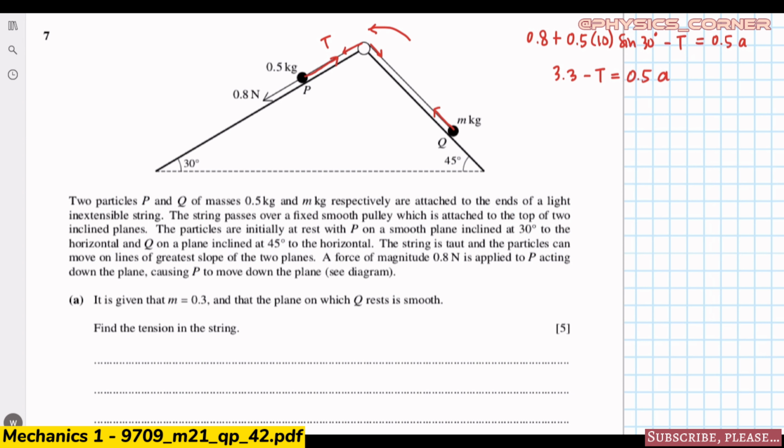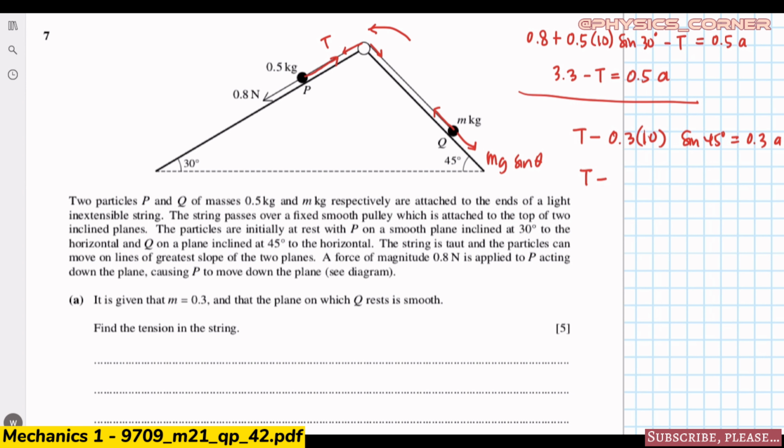And then on the right side for this one, we have a tension force minus, on this mass, mg sine 45. So here it is T minus 0.3 times gravitational acceleration times sine 45 equals to ma, 0.3 a.